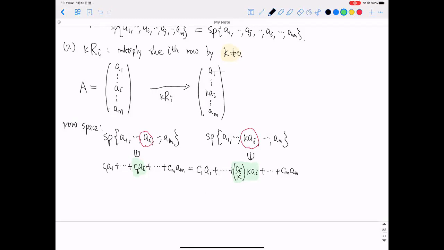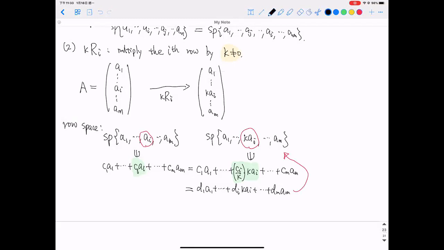To show that these two spaces are the same, we should show that an element in this new row space is also in the original row space, that is, the row space of A. So for that purpose, we take an element of the new row space that is of this form. It's a linear combination like this with coefficients d1 through dm.